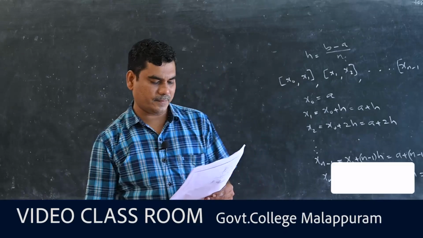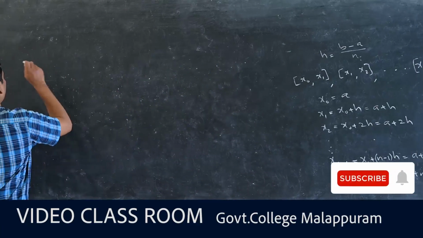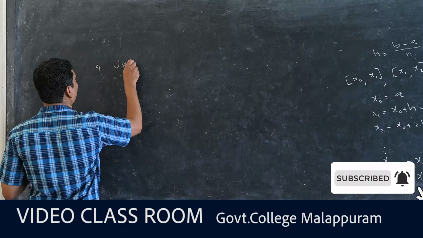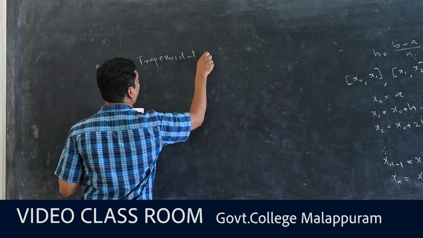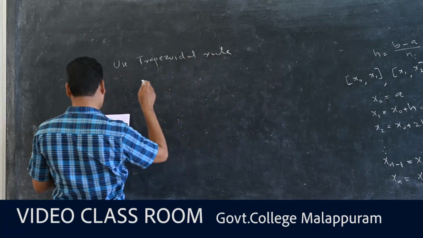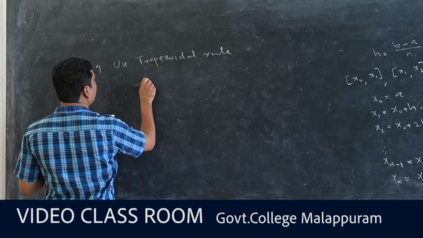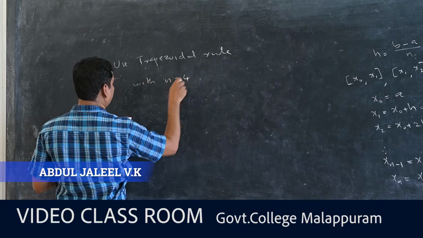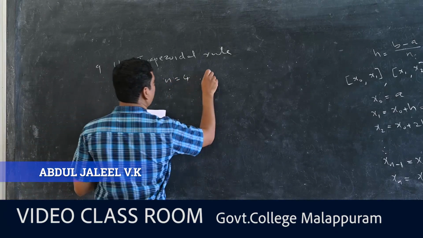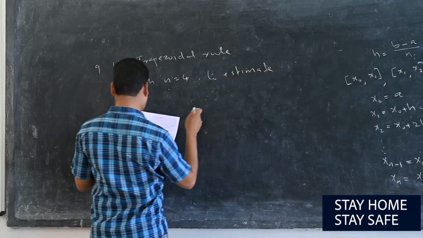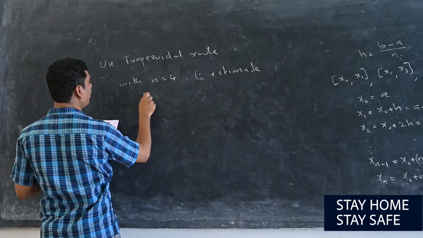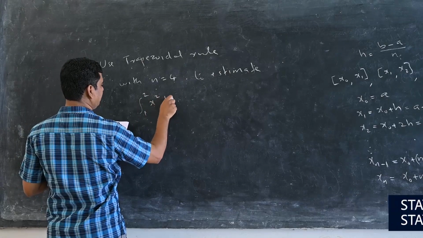Example. Use trapezoidal rule with n is equal to 4 to estimate integral 1 to 2 x square dx.